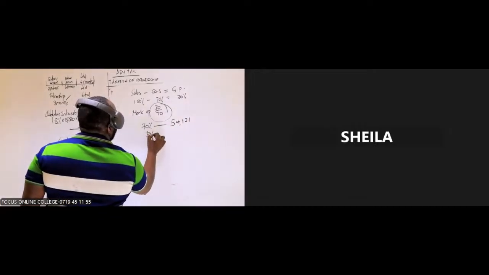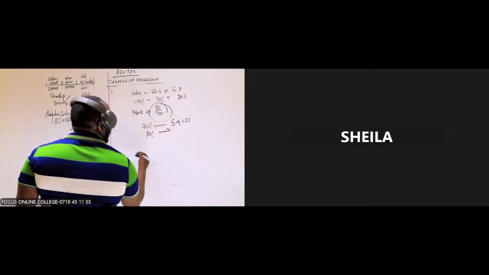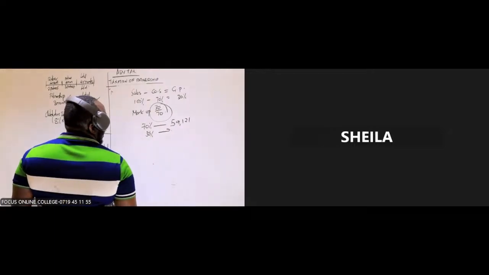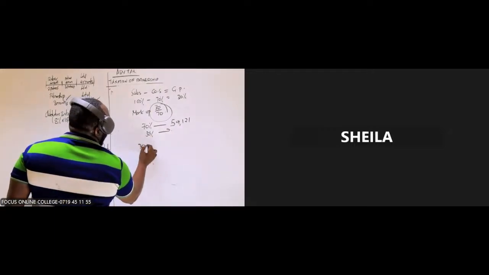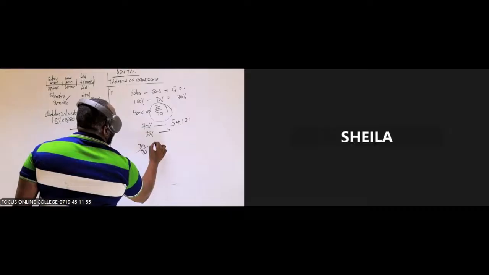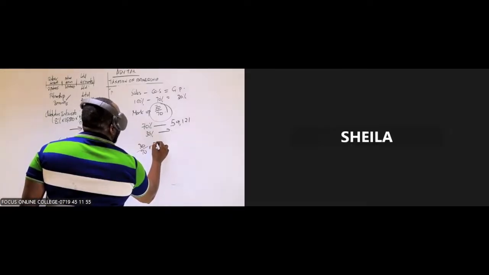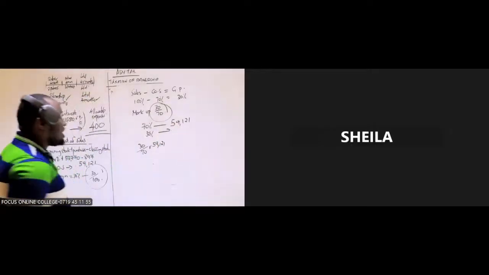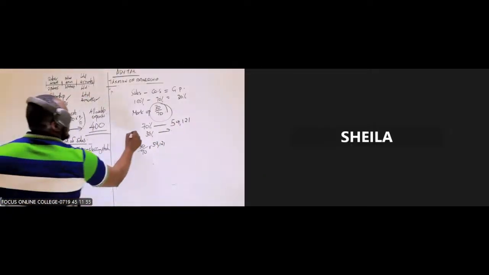What is the gross profit, which is 30%? Or I can say, to get the gross profit, it would be the markup times 59, 1 to 1. So get for me the 30%, which is the gross profit.